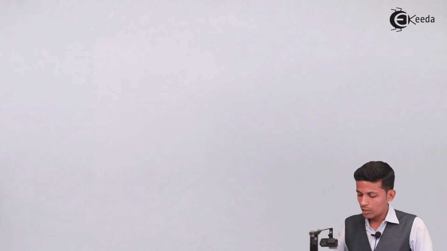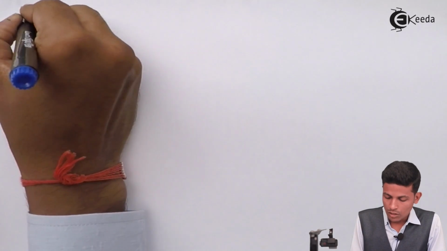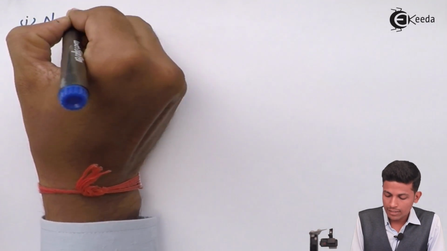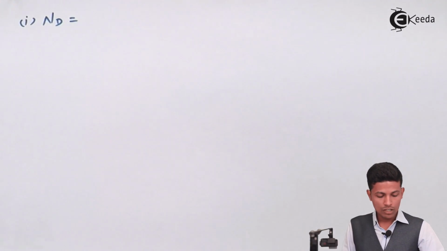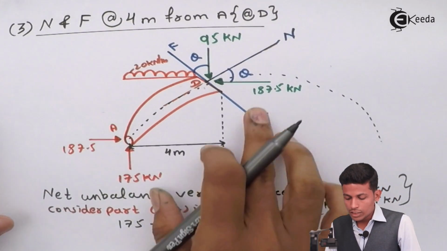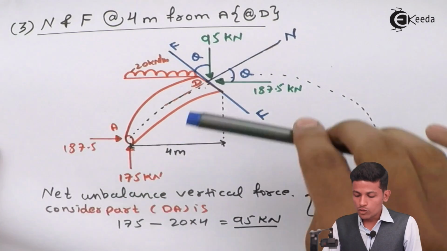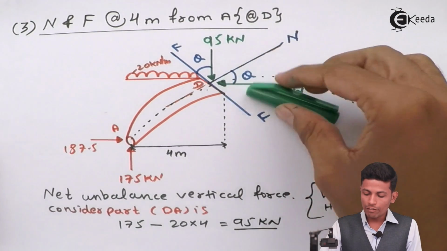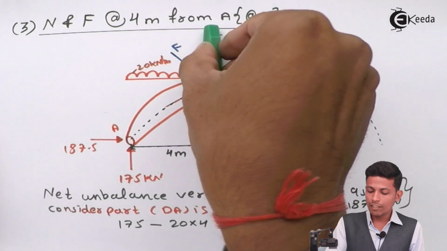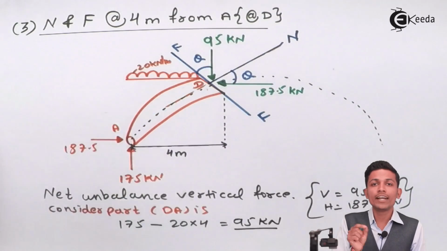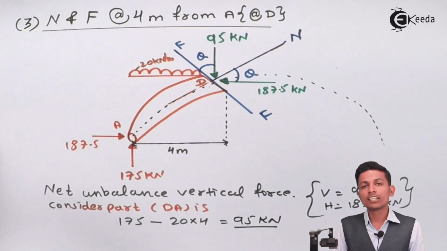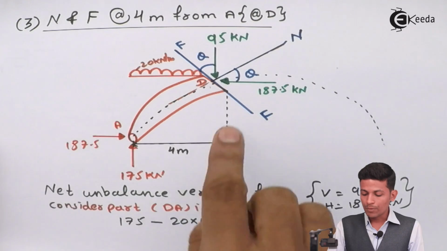Now first write the ND equation. ND is nothing but the normal thrust equation. For normal thrust, see, this 187.5 resolves into N, this 95 resolves into N, because we are finding the N equation. Okay, N is nothing but normal thrust.